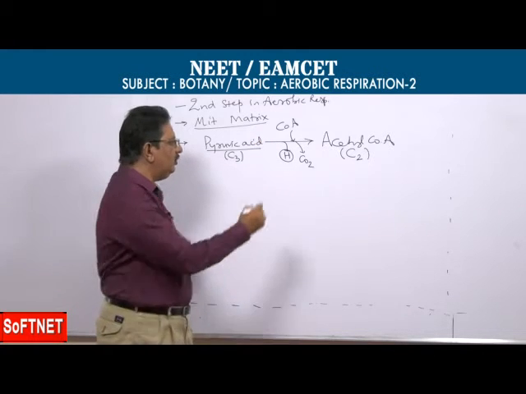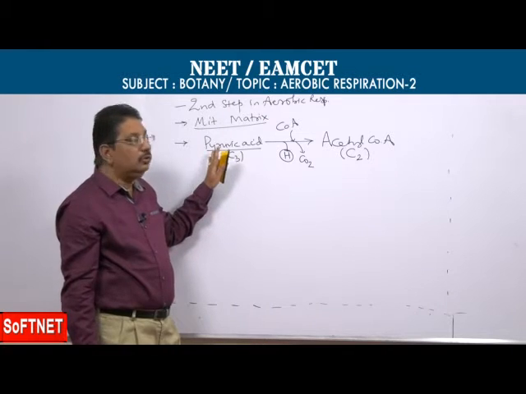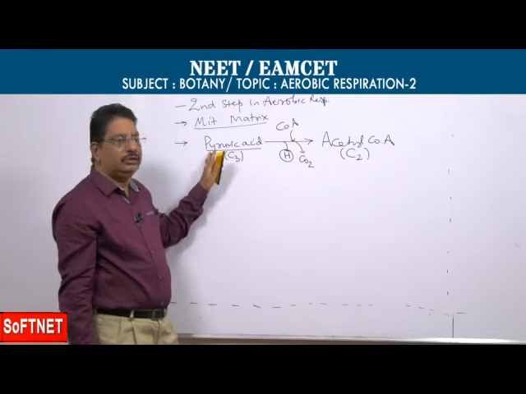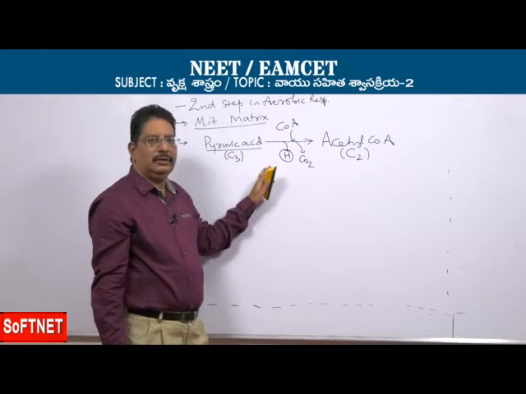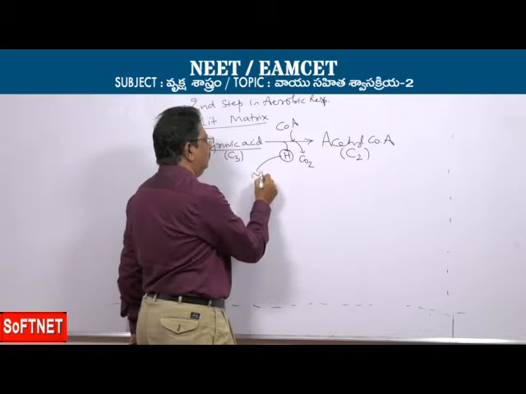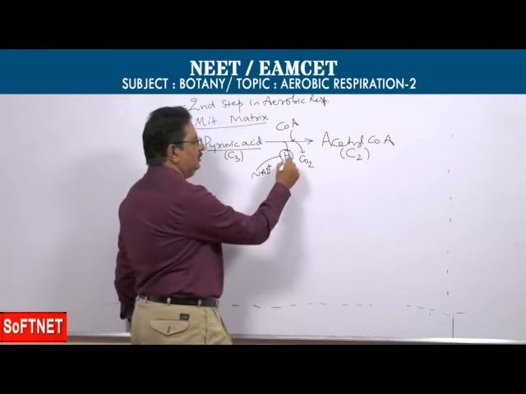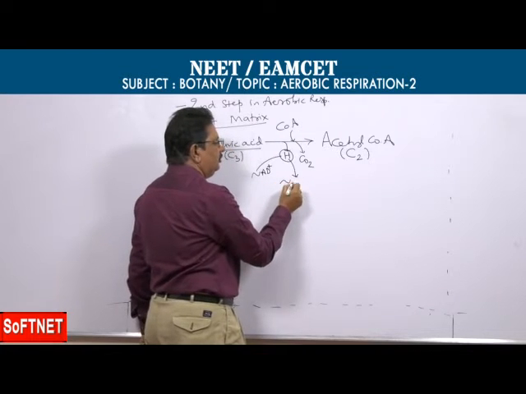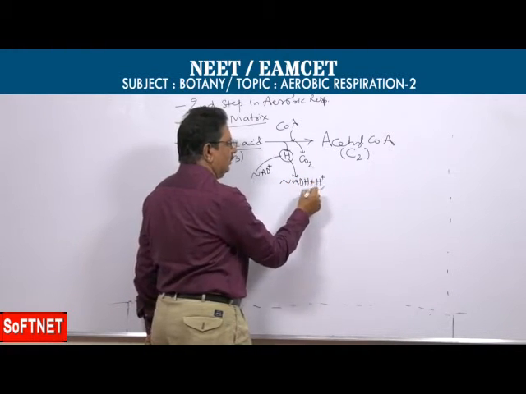The hydrogens are once again removed from the glucose residue available in pyruvic acid, and further the hydrogens are taken from pyruvic acid by NAD+, which is reduced into NADH.